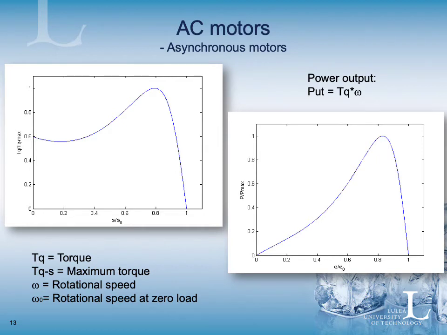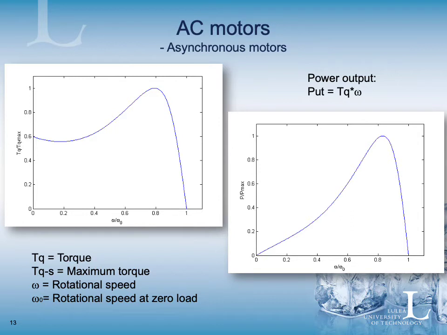The characteristics of the asynchronous motor is that if we have the speed as in the maximum speed, then we have no torque. But when it starts to, as we say, slip, when the rotation speed is less than the maximum speed, you will get higher and higher torque until you reach the maximum, which is normally around 80% of the maximum speed.